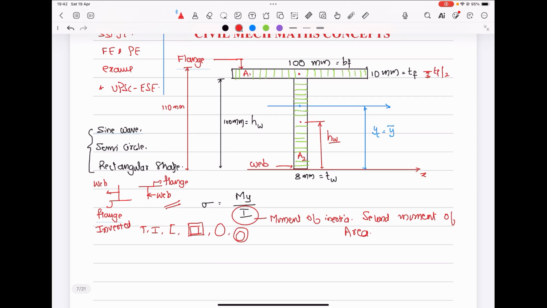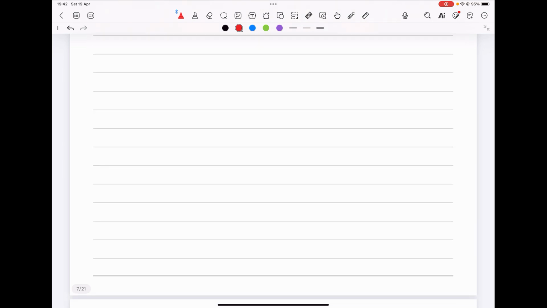What we have to do is find the area of the given T-beam.